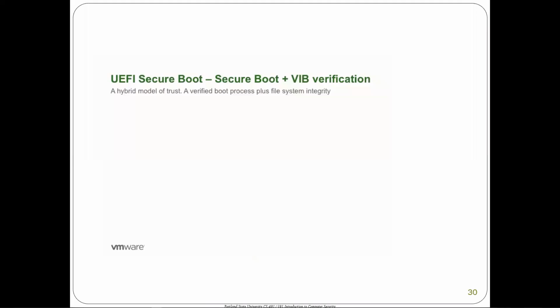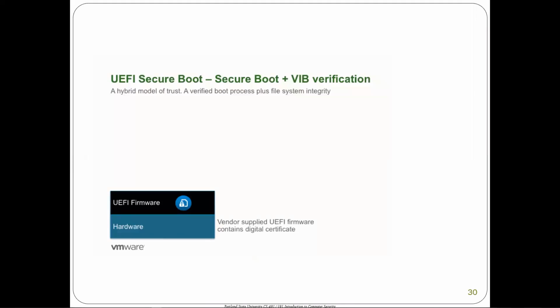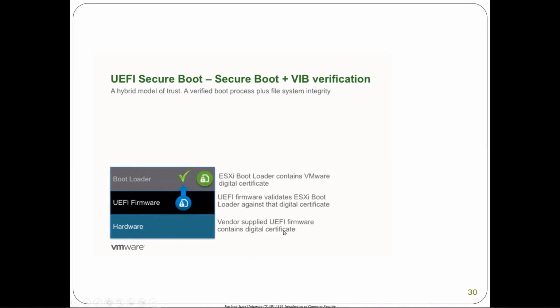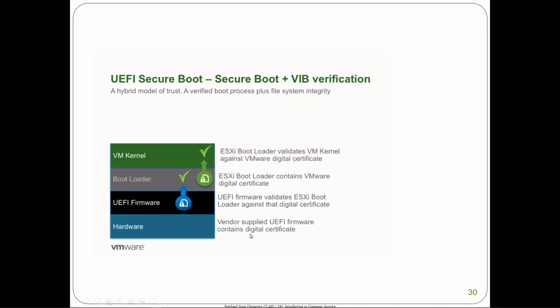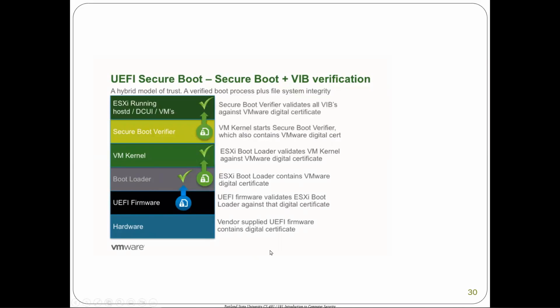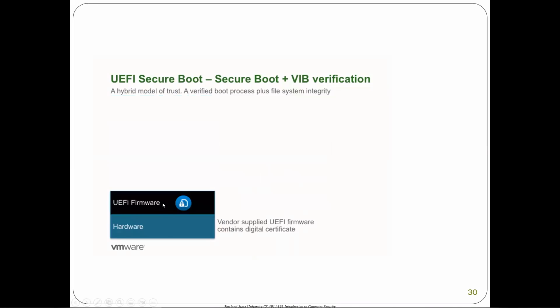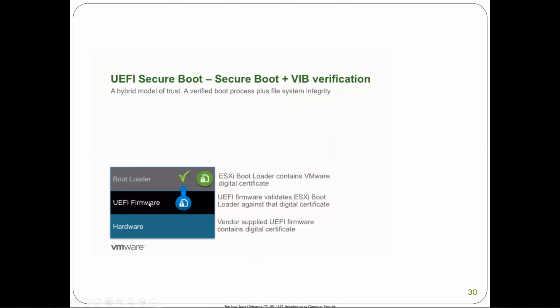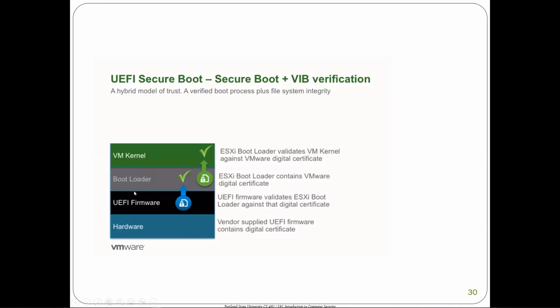That's how you establish the chain. This is best shown as this animation, where you basically start from the firmware, the UEFI firmware. This thing will only load firmwares that have been signed by the hardware vendor. And then from the UEFI firmware, this thing is only going to load bootloaders that have been signed by this particular trusted UEFI vendor.